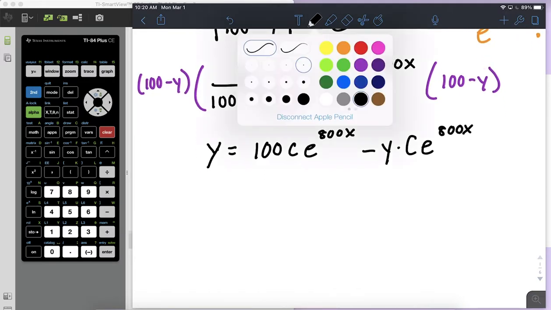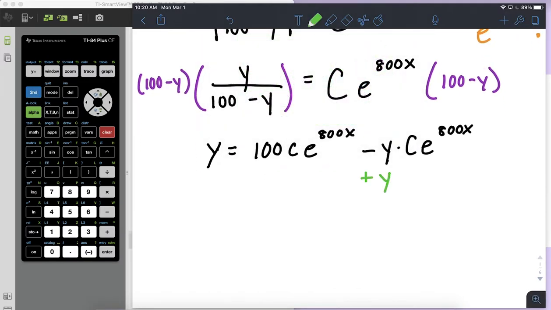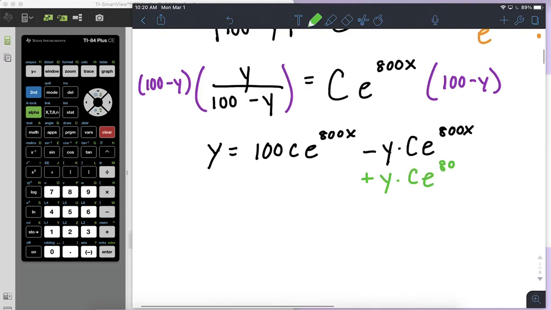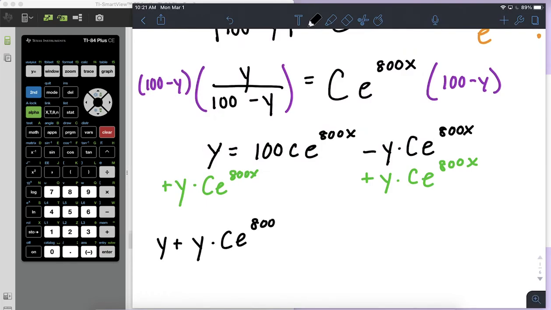Okay, so now I need to isolate y, so I need to move this to the other side. All right, I want all of my y's to be the same. So that gives me y plus y times c e to the 800x equals 100 c e to the 800x.